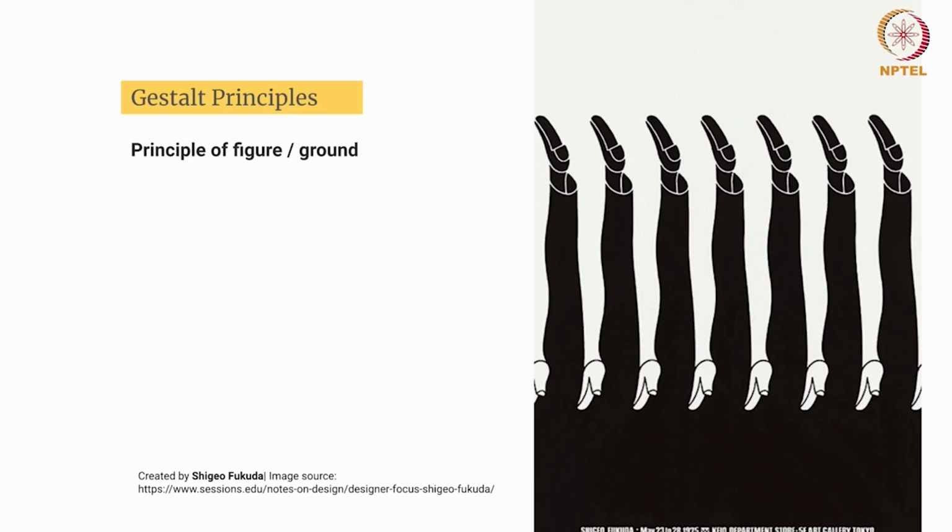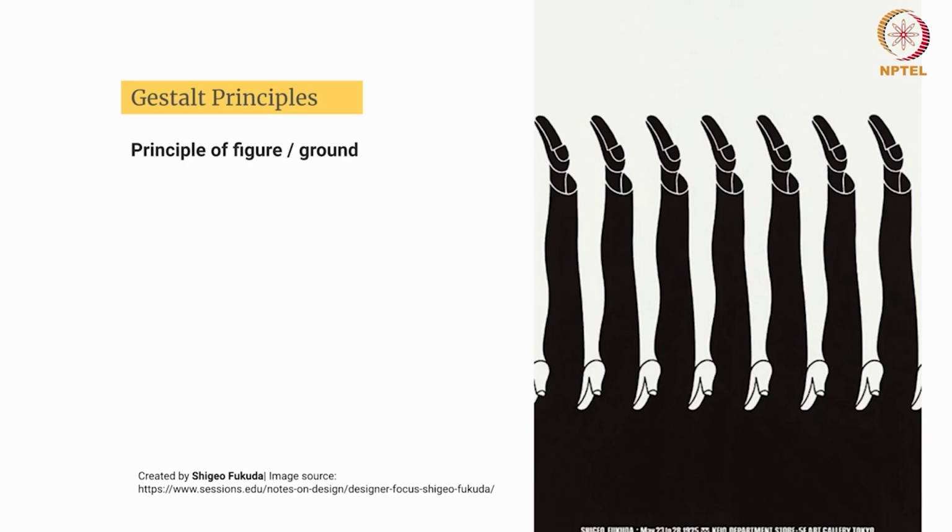So the image plays on Gestalt's principles of figure and ground, where the same visual element serves a dual purpose, depending on the viewer's perception. So when you see the leg portion of the male, automatically that portion becomes the foreground, and the white portion becomes the background.